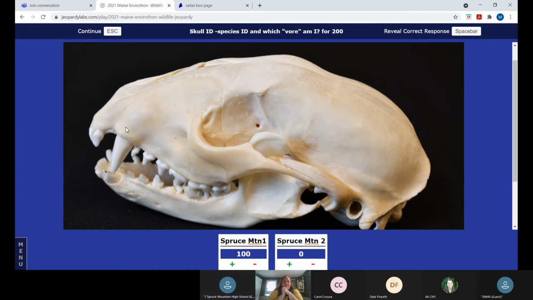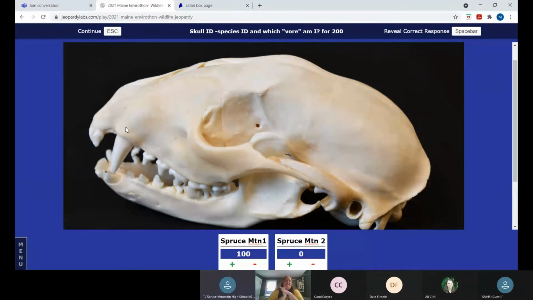Carnivore. So if we're looking at those teeth, which teeth indicate what they can eat? I'm thinking of the tooth, I just can't think of the name. The big long pointy one.